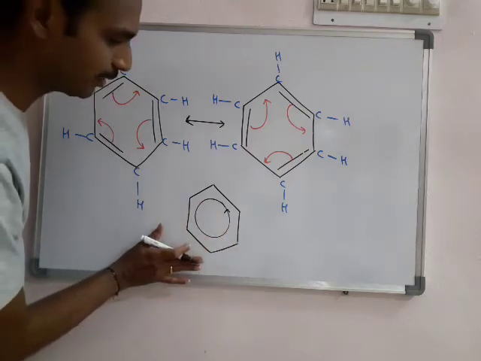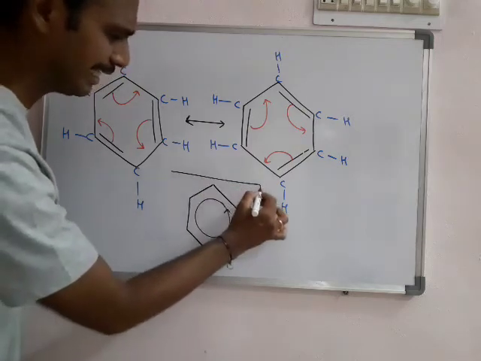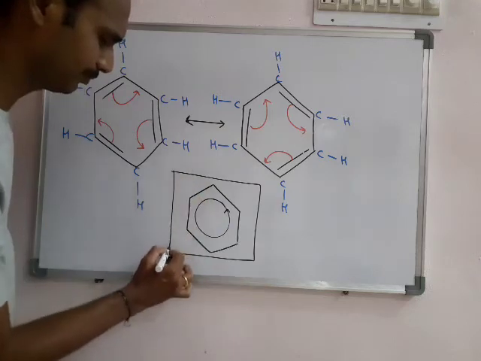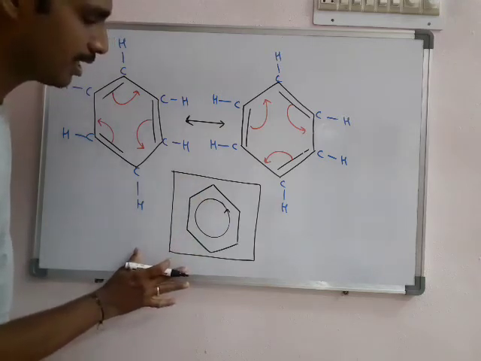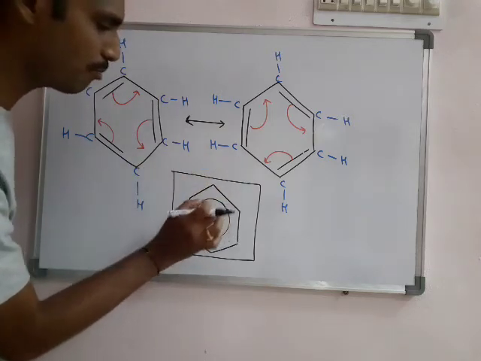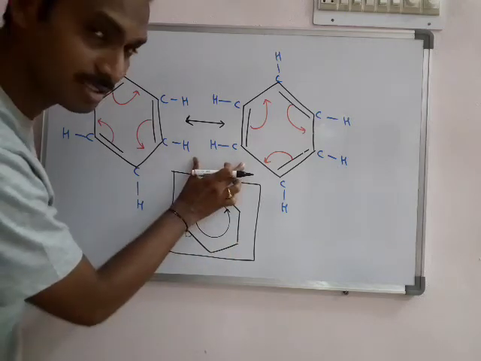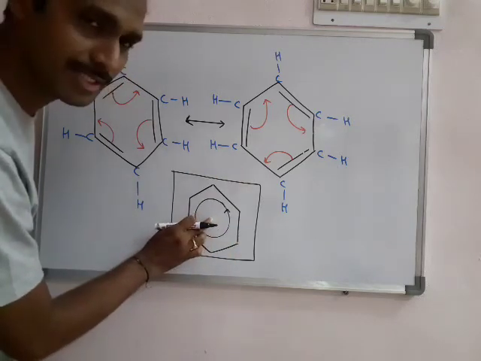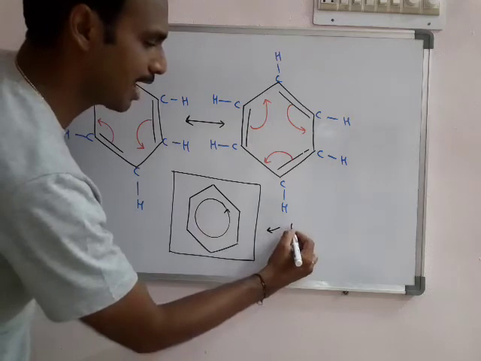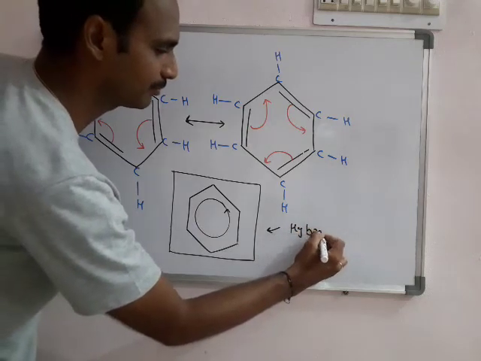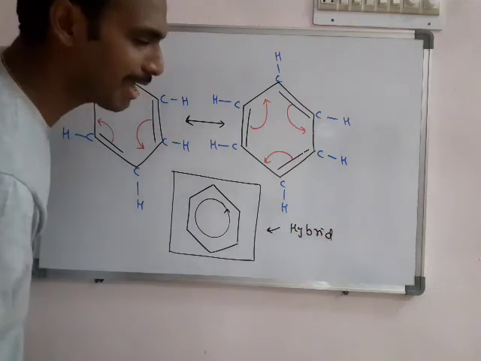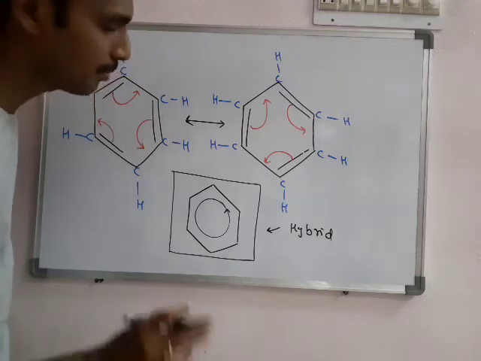So this structure indicates the 2 resonating structures of benzene, and combining the 2 resonance structures of benzene we give this structure. This is known as the hybrid resonance structure of benzene.